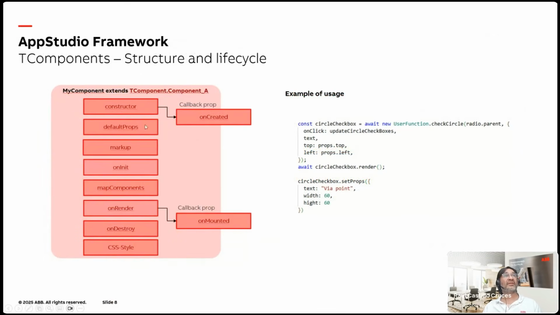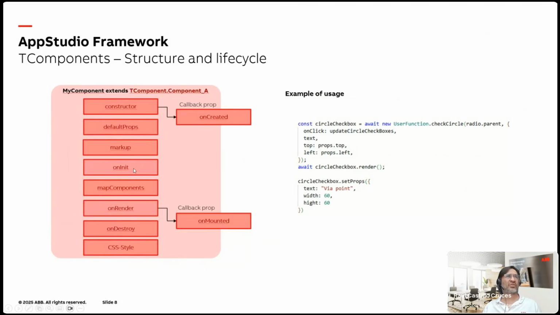The T component is the way all the elements are constructed inside AppStudio. And you will find it's a class which has some set of methods for a specific purpose, for defining the properties, defining the HTML section, how is the structure, or how it's going to look like, together, of course, with the CSS style, which is also one section of the component.